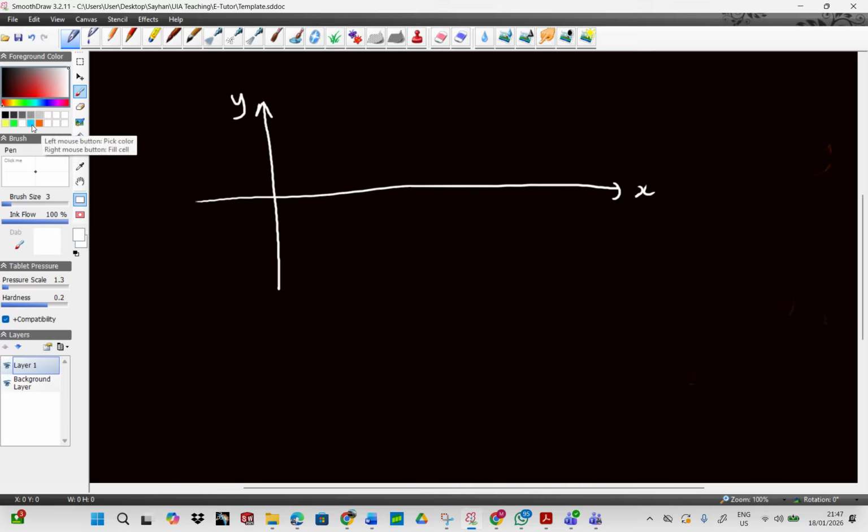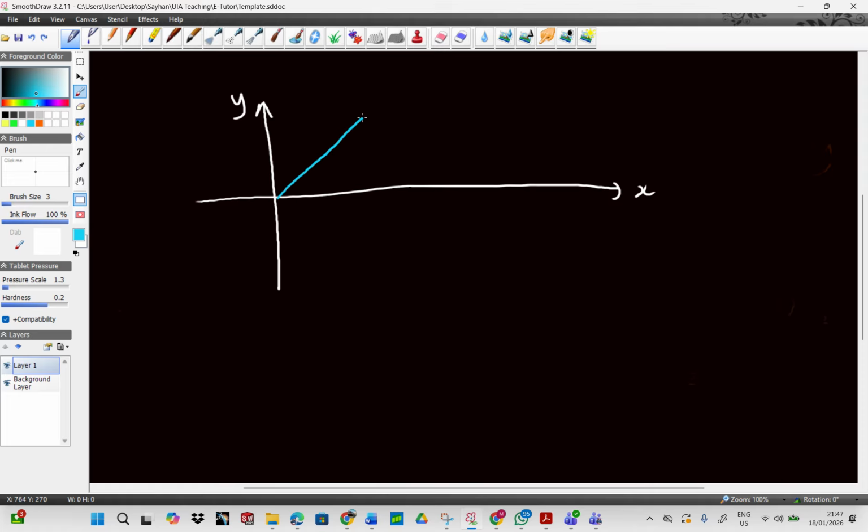So what I'm trying to say is, let's say that I draw a shape, for example, a very complicated shape, maybe not too complicated, but something like this. Sorry, this is not good.